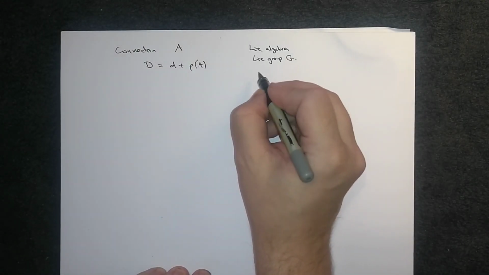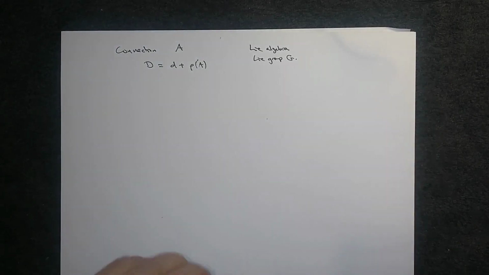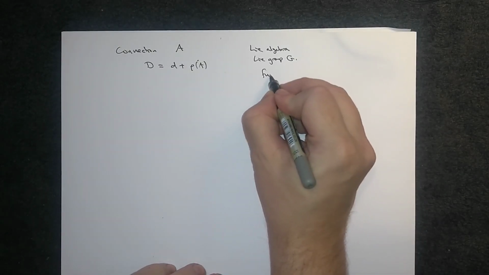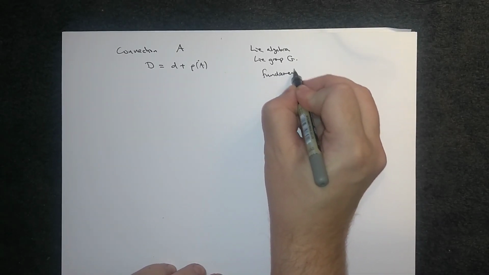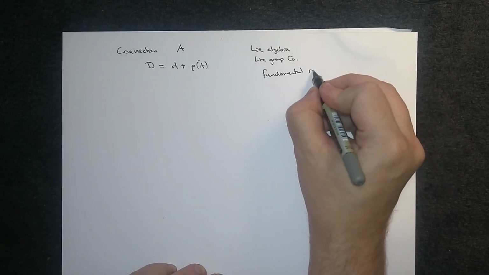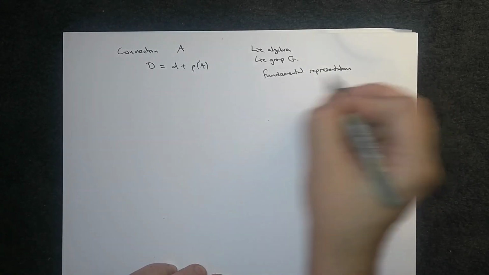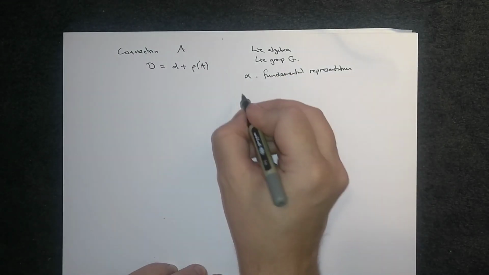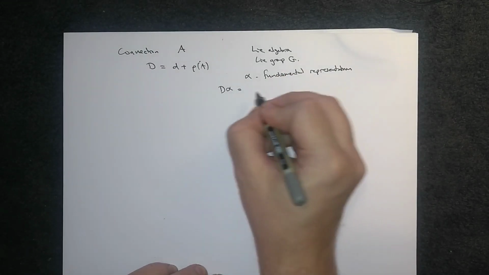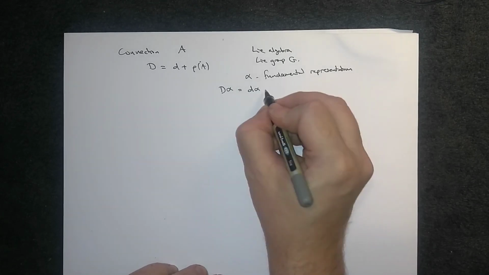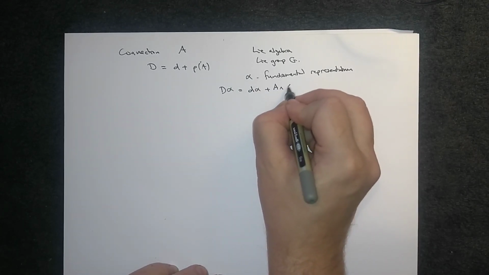So for instance, if we have something in the fundamental representation of the Lie algebra or Lie group, so we have alpha in there, then D alpha is just d alpha plus A wedge alpha.